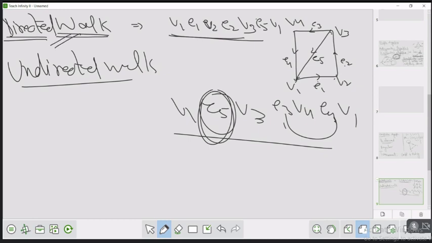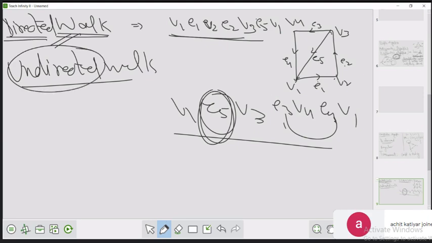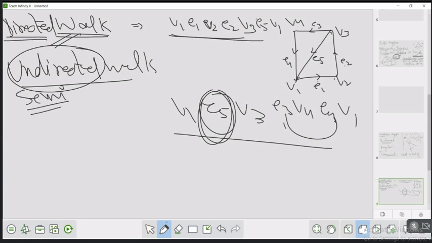Are you getting my point? Basically it is not called an undirected walk, it is called a semi walk. A walk which is not a directed walk is called a semi walk.